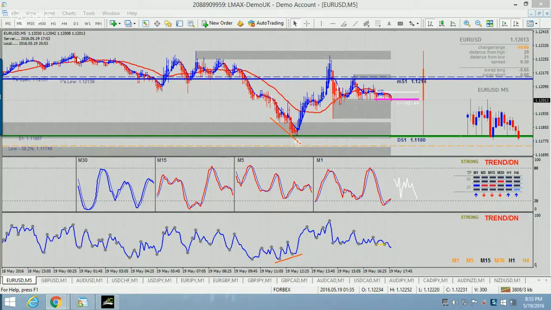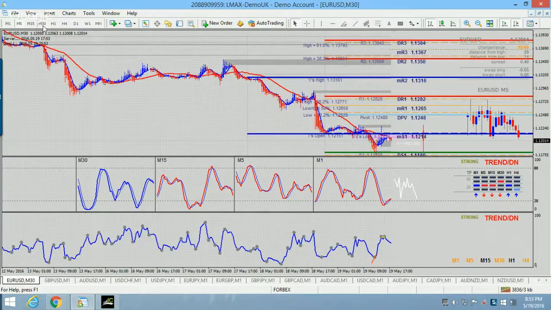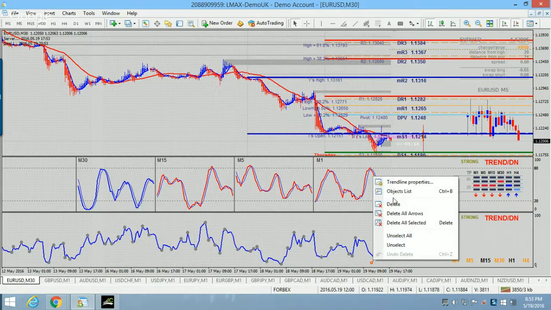So today on Euro US dollar, as you may see, we have still active 3-4 divergences on M5. On M5 is this one, but it is not of interest at all. On M30, let's check this one. It's still active, not of interest at all.